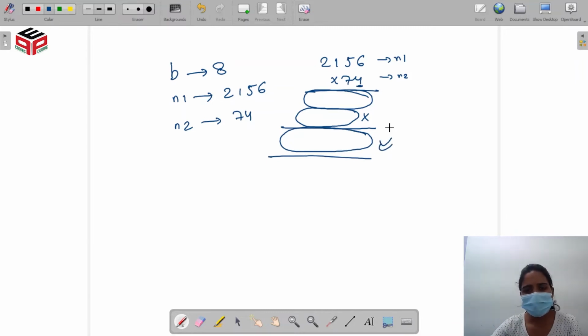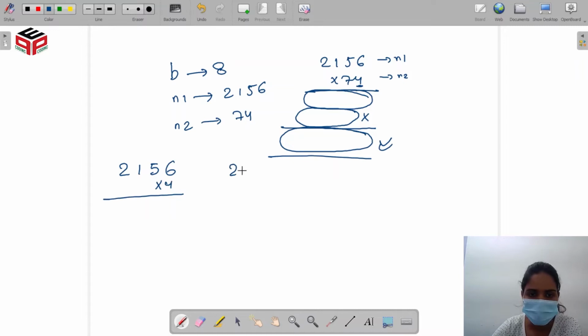But instead of doing this complex multiplication, I'm going to break it into simple multiplication and addition problems. Instead of doing this, I'm going to multiply 2156 by 4 and 2156 by 7.